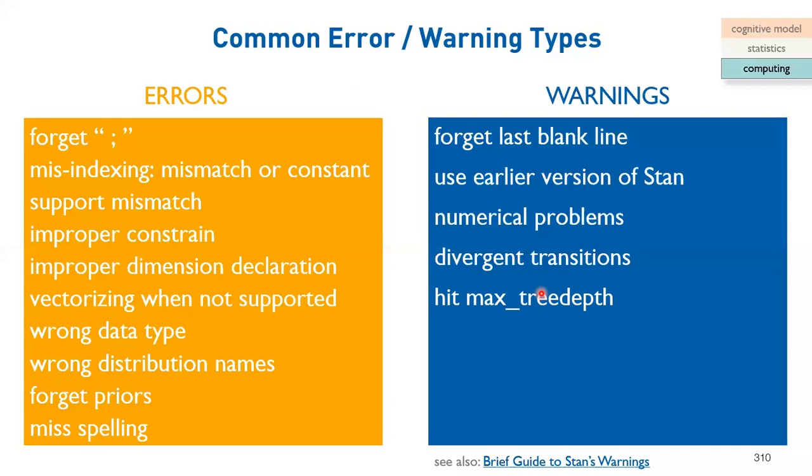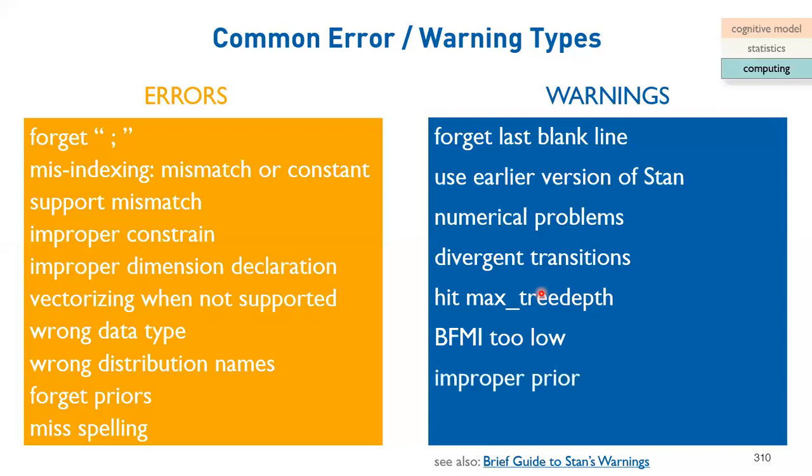And if you want to deal with that, then you have to increase the maximum tree depth from 10 to 20, for example. And this one, the BFMI, is something like Bayesian fraction of missing information. It's low. This is also a warning message.